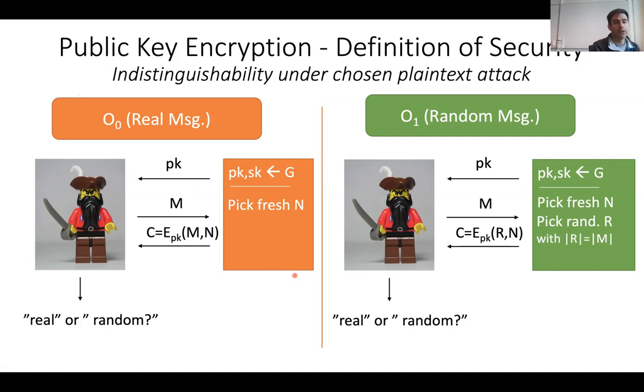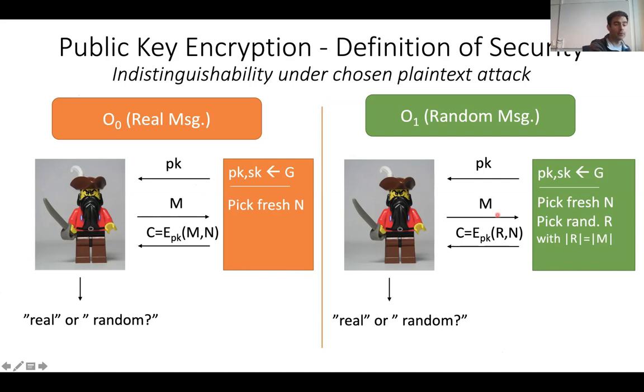Similar to what we did for symmetric key encryption, also for public key encryption we can define security in a formal way using one of these games. This is a game in indistinguishability under chosen plaintext attack. It's a game in which the adversary plays with an oracle, a box, very similarly to what we did for symmetric key encryption. In one case, it's going to play with a box which encrypts messages of its own choice.